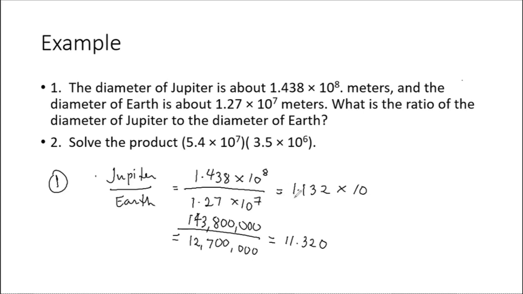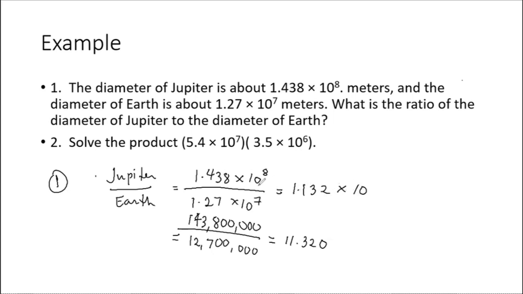So, pwede mo siyang divide by part. Yung 1.438 divided by 1.27, meron kang 1.132. At yung part naman ng 10 to the 8 divided by 10 to the 7 is 10 to the 1 or 10. Then yung kanyang symbol for scientific notation, which is times. Therefore, the result in scientific form is 1.132 times 10.